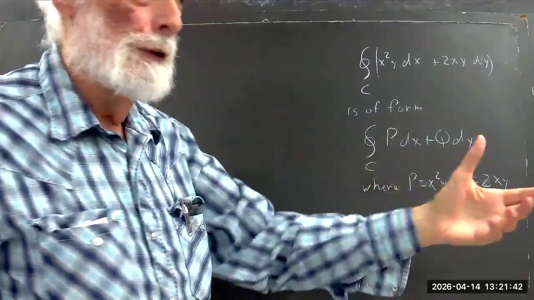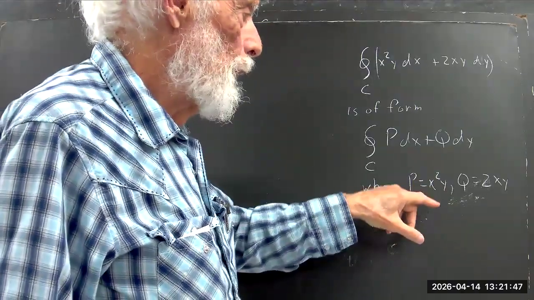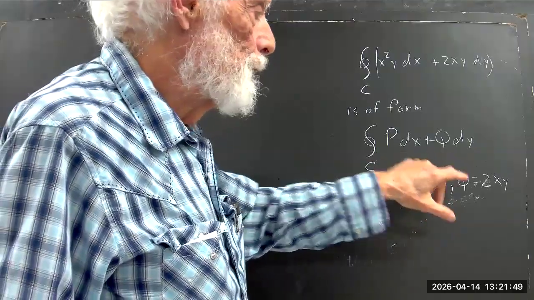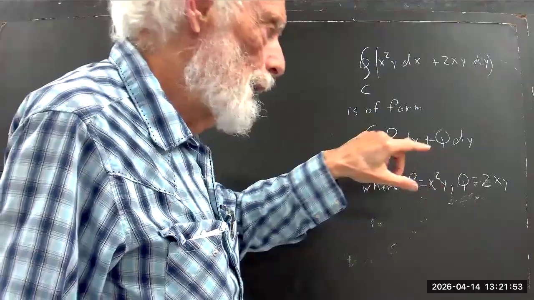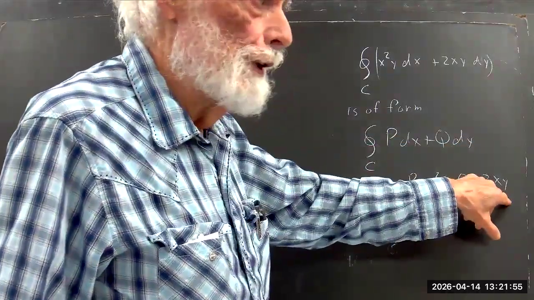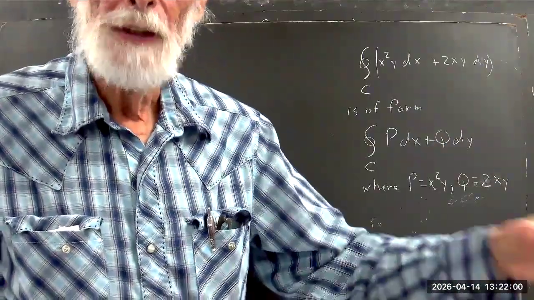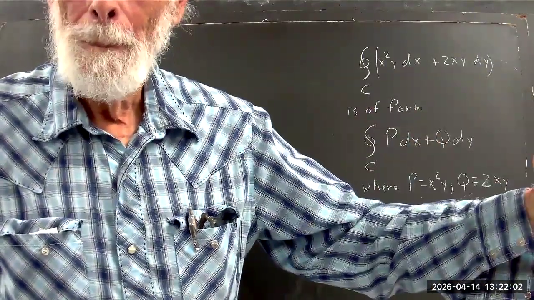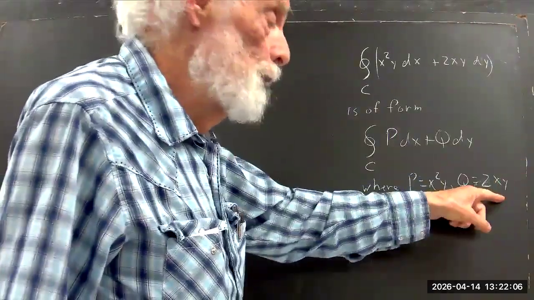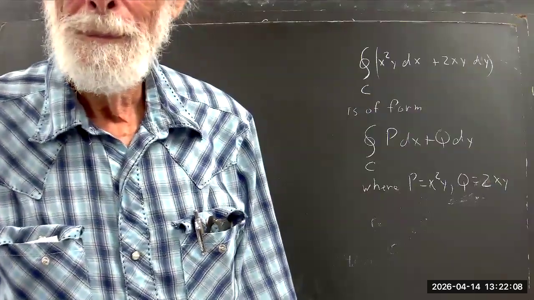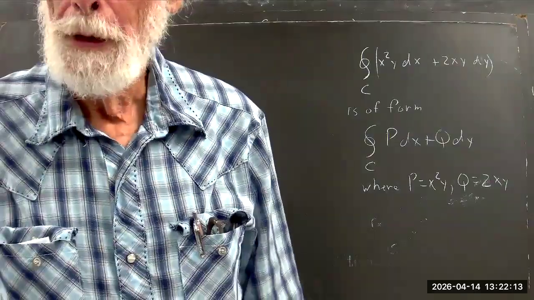Because remember what we're doing is we're integrating P i plus Q j. So we're integrating x squared y i plus 2xy j dotted with dx i plus dy j. It's an F dot dr. F would be x squared y i plus 2xy j. And dr is dx i plus dy j. Okay?